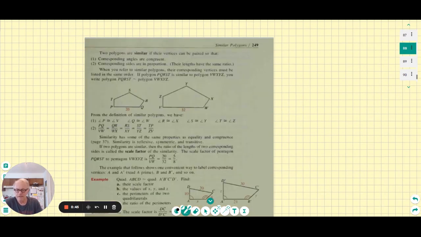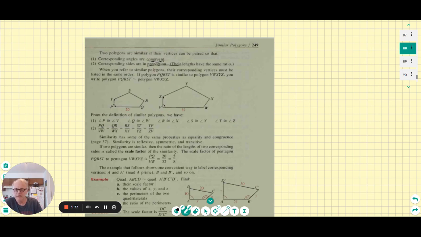So what that means is if we were to draw two polygons like this one, PQRST and VWXYZ, then the corresponding angles are congruent. In other words, P is congruent to V, T is congruent to Z, all the way around. But the side lengths are not congruent. They are in proportion.